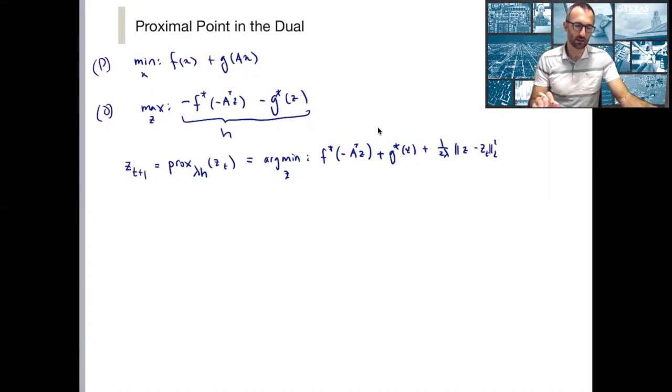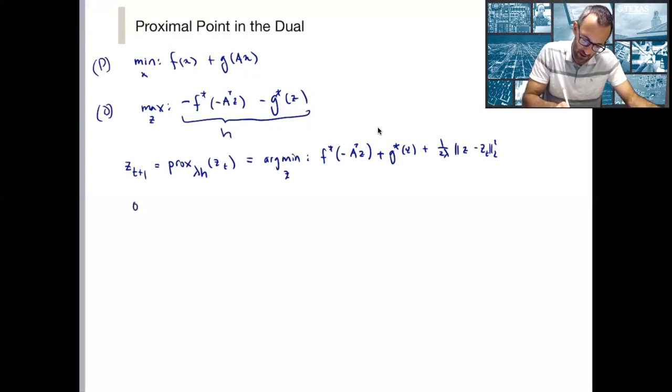Okay, so let's understand what this is here. This is z_{t+1}. I need to solve this minimization problem. As always, when we're talking about the prox operator, we write down the optimality conditions.